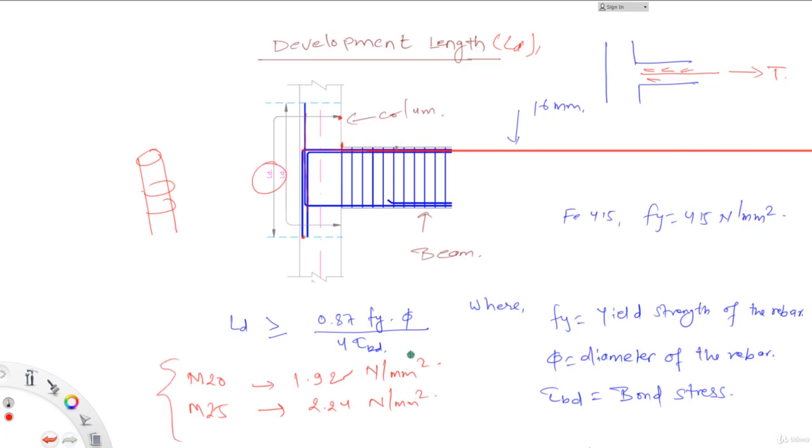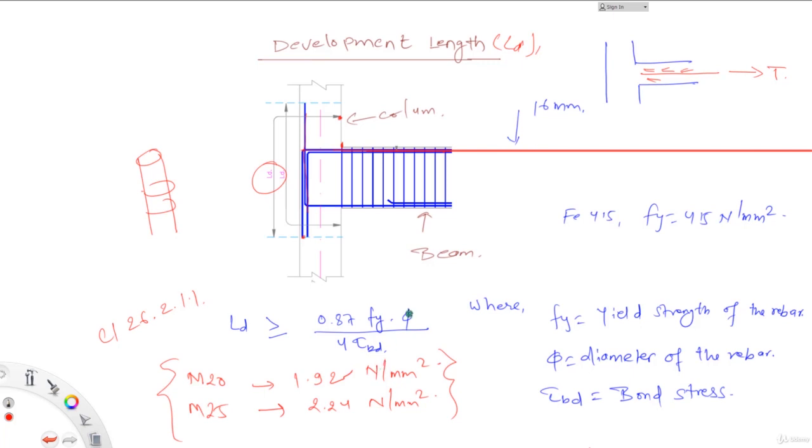You can get this data from the IS 456 code, and if you look at clause 26.2.1.1, you will get this data. This value is for the deformed bars, so the bars that are not plain.